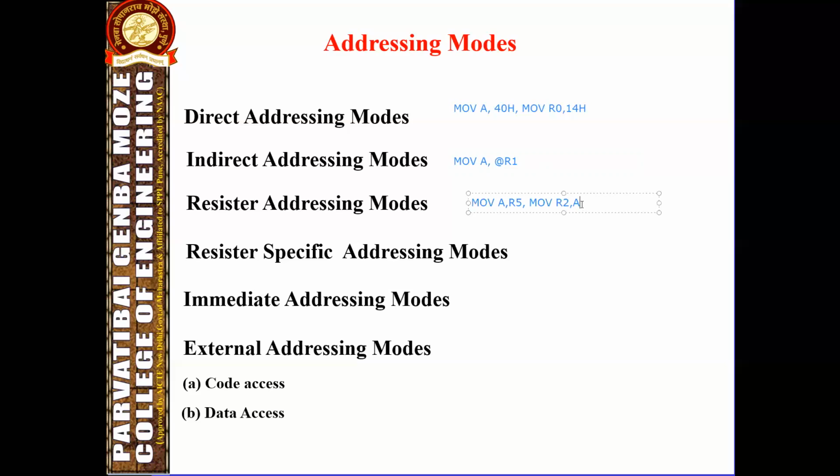So the data present in the accumulator is moving into the destination register R2. Such types of instructions are called register addressing modes.